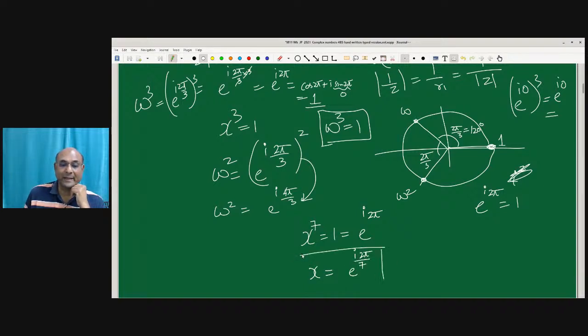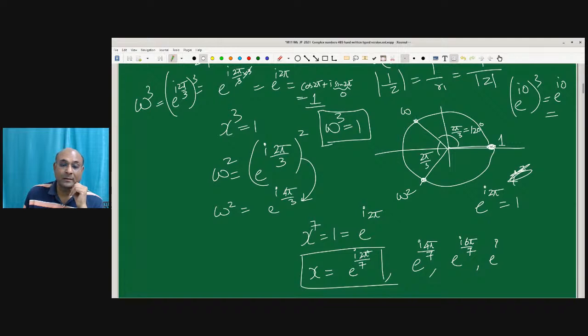And you can see that if I take this to the power 7, it will become 1. But not only this: e to the power of i, double this, because you square it, 4 pi by 7, is also a root. Cube this, so that means 6 pi by 7 is also a root.